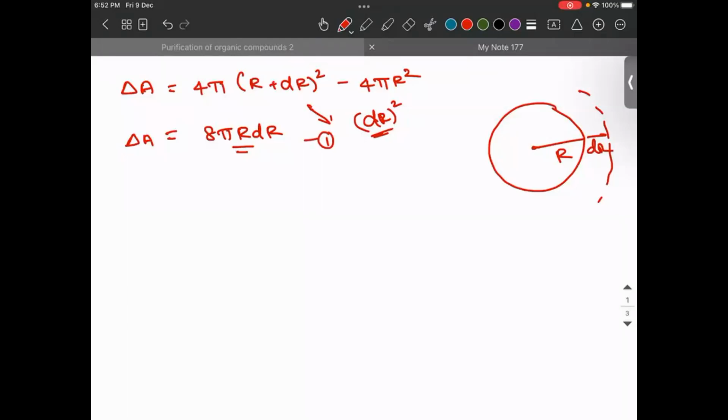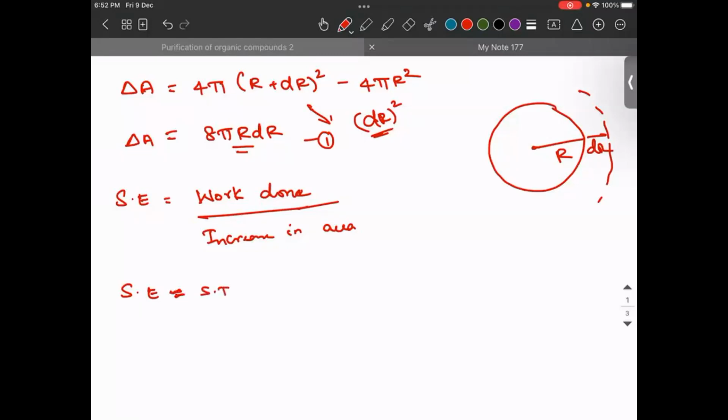Okay. Now tell me one thing. What is the definition of surface energy? Surface energy is equal to work done divided by increase in area. So surface energy is mathematically equal to surface tension.